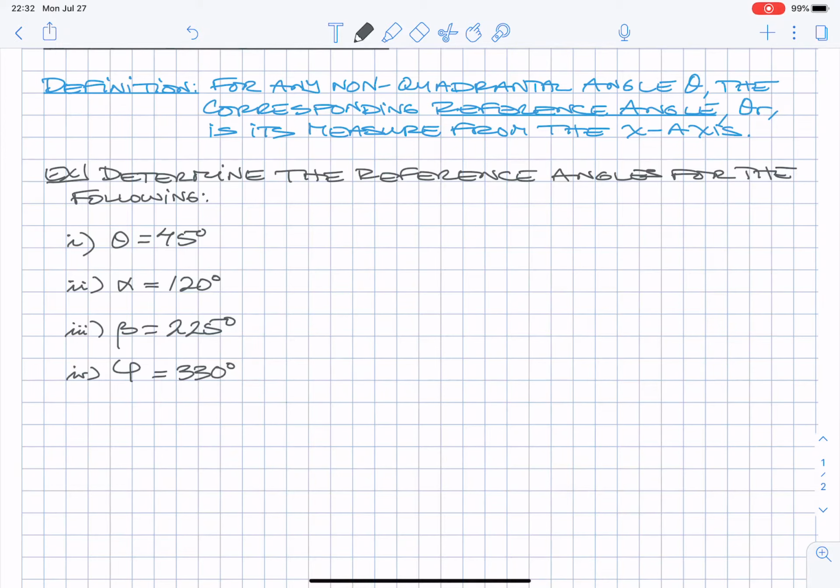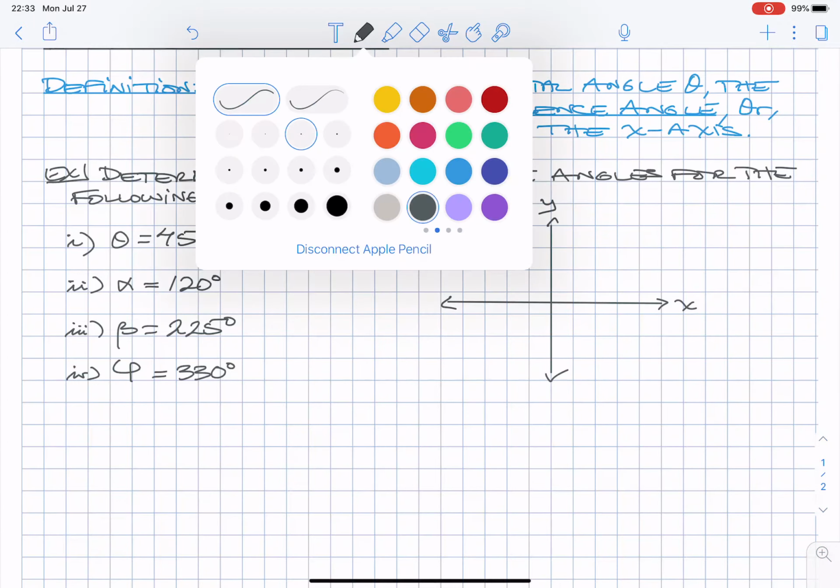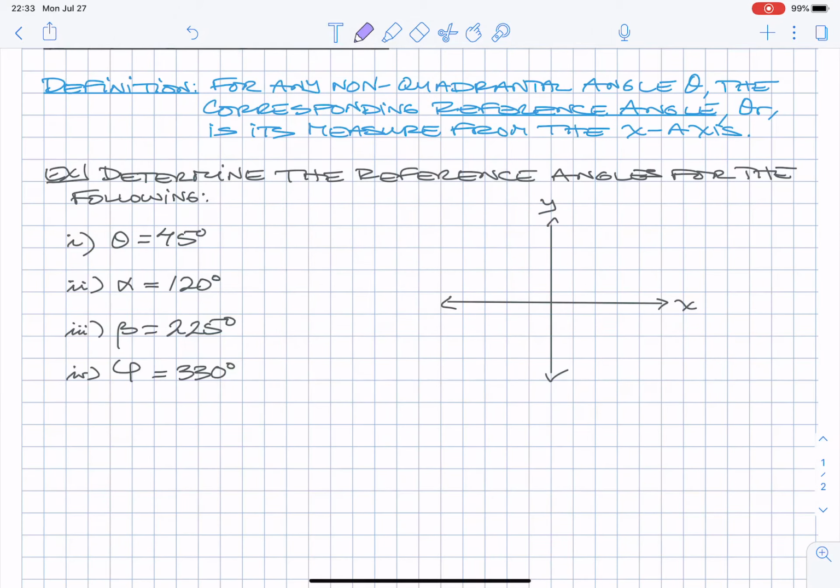Okay, so let's go ahead and draw our x and y coordinate axes, and let's color code these. So theta is 45 degrees. Okay, so we can draw that right here.